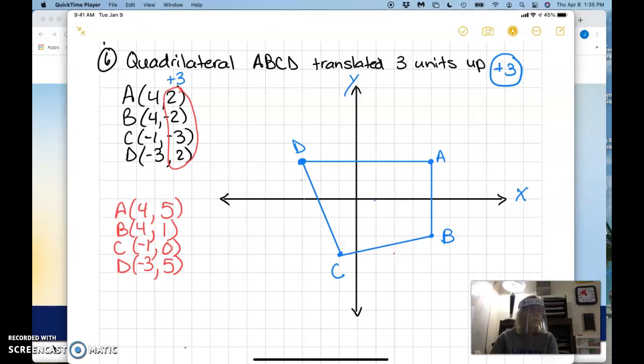That's how I got those new y values. If that's too confusing, when it's a translation, it's super easy. Just take your point and move it 3 places up from each point. Okay? Then connect your dots and you'll have your new shape.